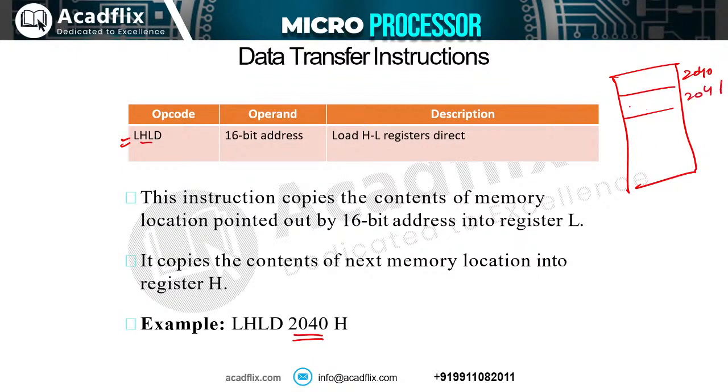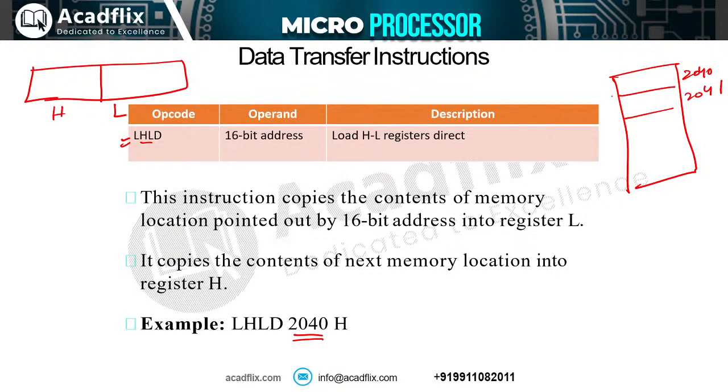The instruction copies the content of the memory location pointed out by the 16-bit address into the register L. It copies the content of the next memory location into the register H. So we have the register pair HL like this.